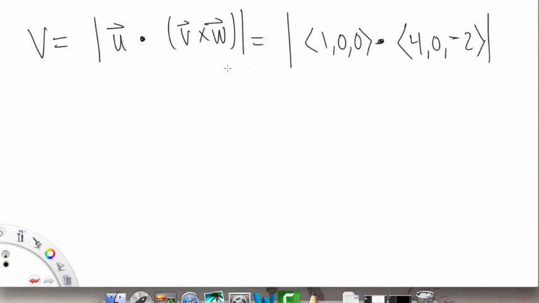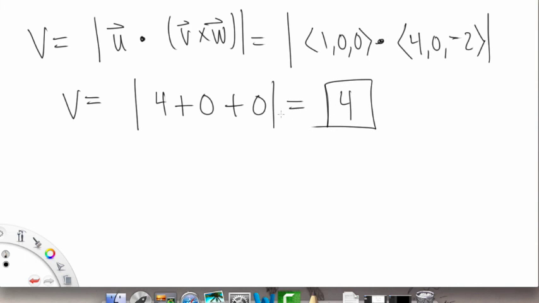Recalling the dot product, we multiply the x components, 4 times 1, so that's 4, plus the product of the y components, which is 0, plus the product of the z components, 0 times negative 2, also 0. So the volume of the parallelepiped is 4, using the first method.